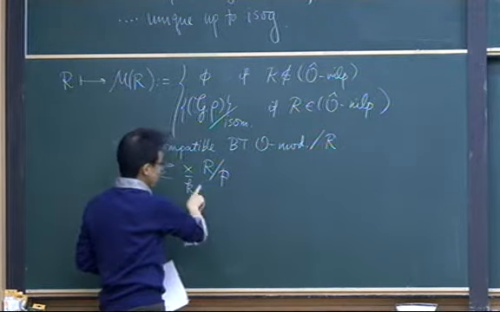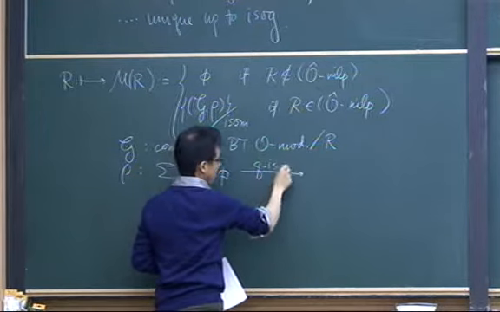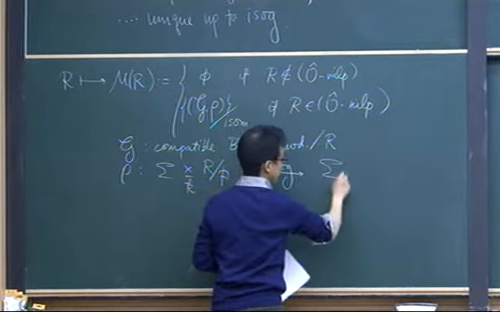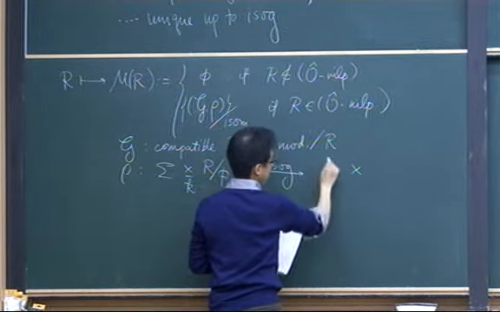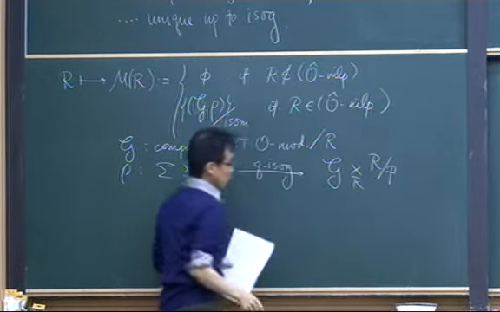So I'll tensor up, and then this is a quasi-isogeny of sigma-twisted G.